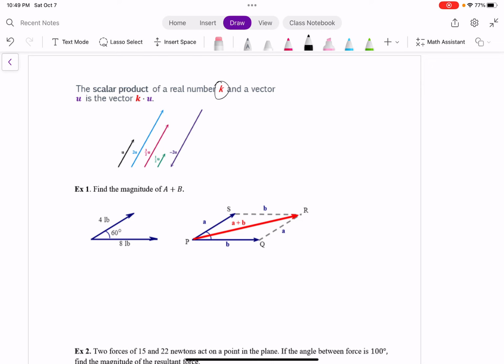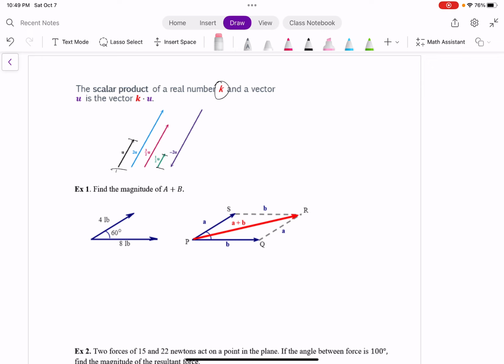For example, 2u means I stretch it 2 times. So 2u is longer, but the direction stays the same. 3/2 times u means I stretch u by 3/2. And 1/2 of u is half the length of u.